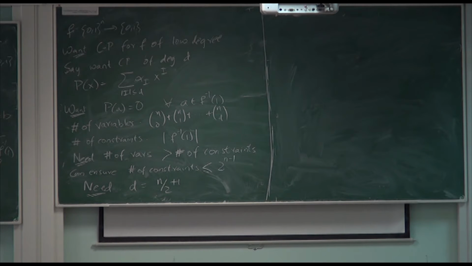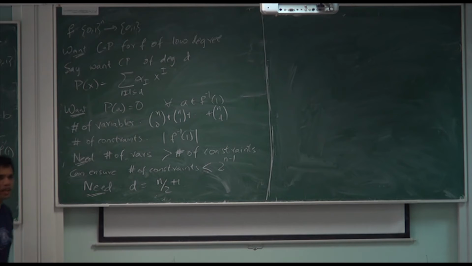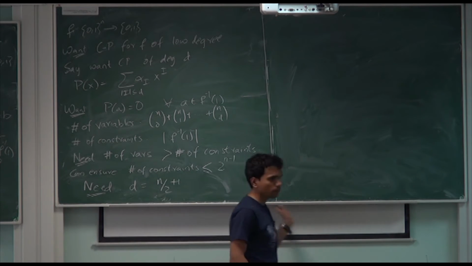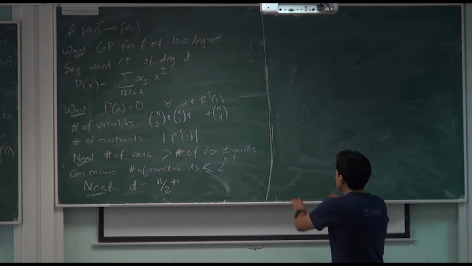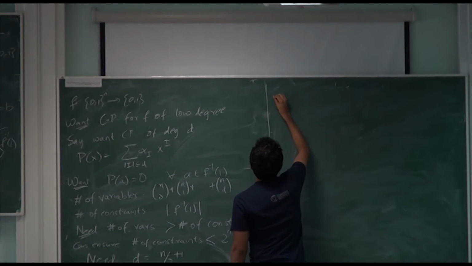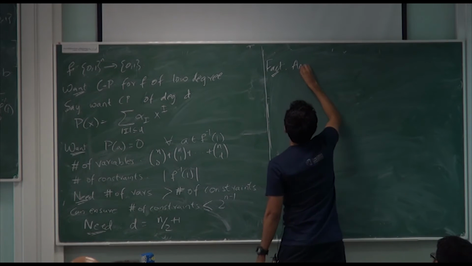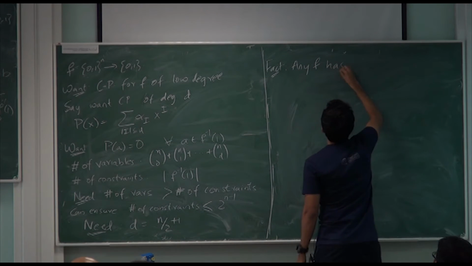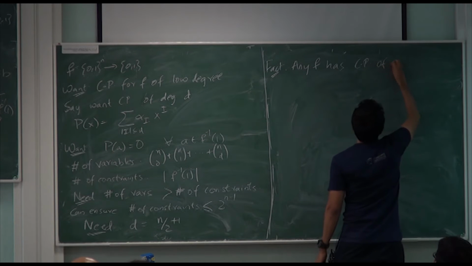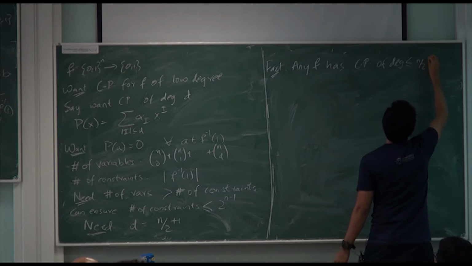Because if I choose d to be n over 2 plus 1, the number of monomials of degree at most d is going to be this binomial sum, going all the way till n by 2, and that's like 2 to the n minus 1. So what have we shown as a result of this? We've shown this fact: any f has a certifying polynomial of degree, let's say, n over 2 plus 1 maybe.